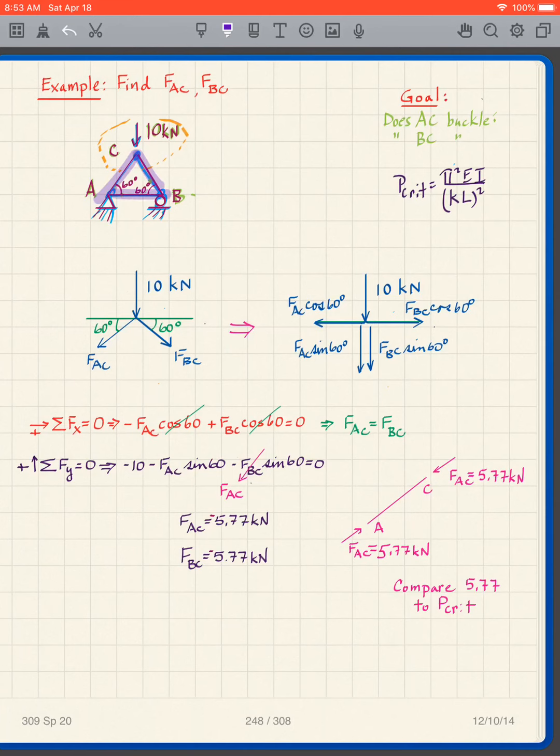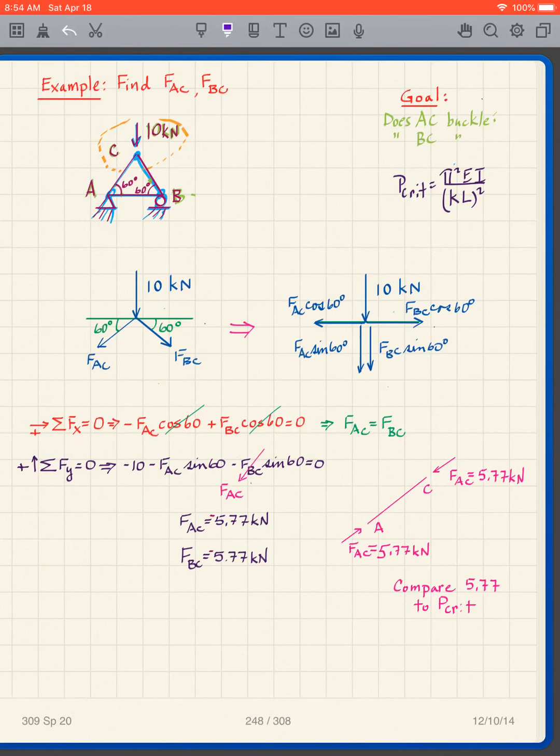Truss members are long, skinny members. By definition, that's what they are. As opposed to beams, beams are short, fat members. Trusses are long, skinny. So when you have a long, skinny member, you have to worry about buckling. It is often critical. So when we are looking at our trusses, we're worried about the buckling of truss members.